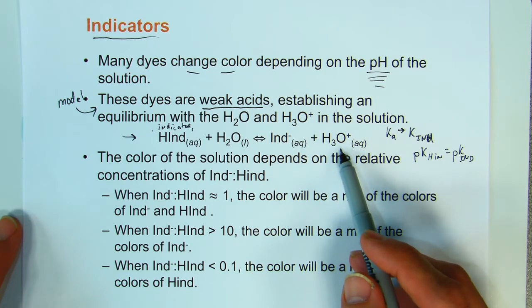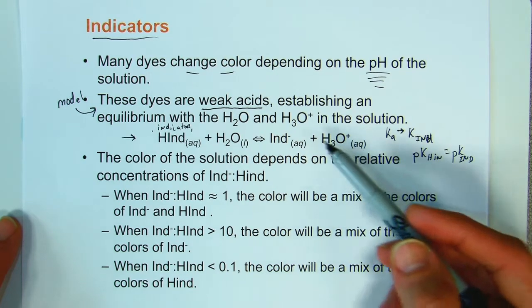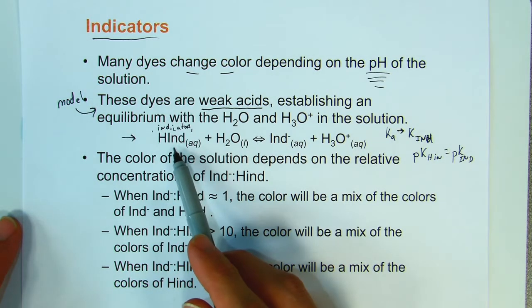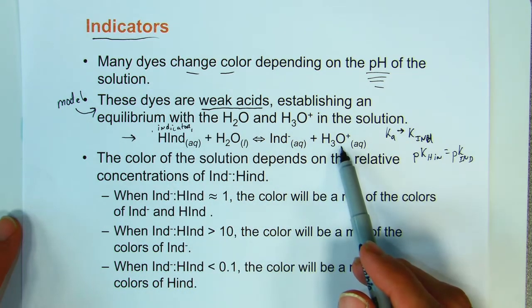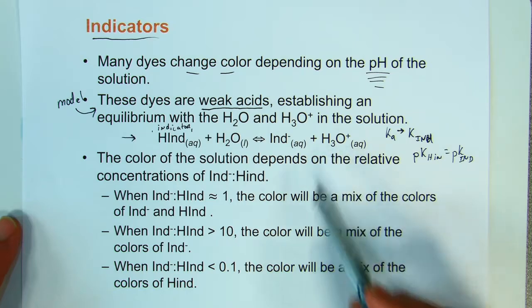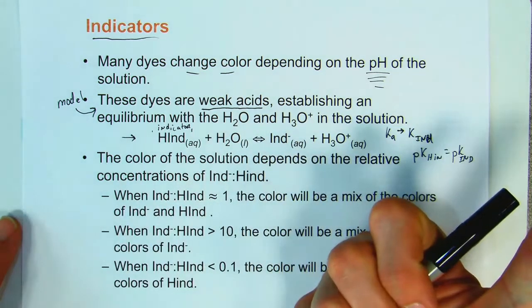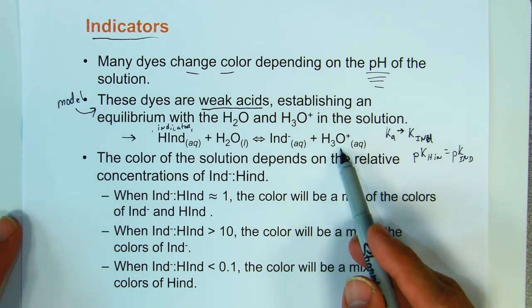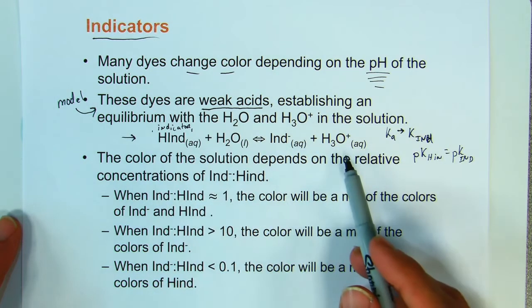If that's true, which way would this equilibrium shift? Well, if I have a lot of H+, I would shift to the left, wouldn't I? Which would promote protonation of our indicator. Now, if I just have a tiny, vanishingly small amount of this, very low concentration, that would tend to do the opposite. I'd shift to the right. So by controlling this, I can shift left or right.